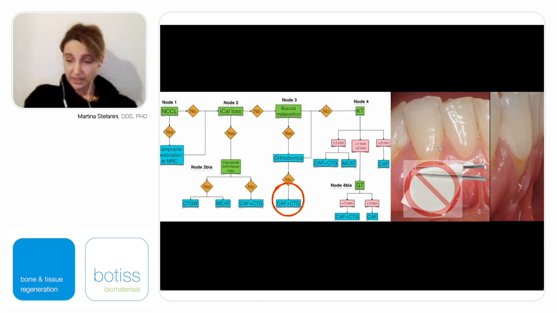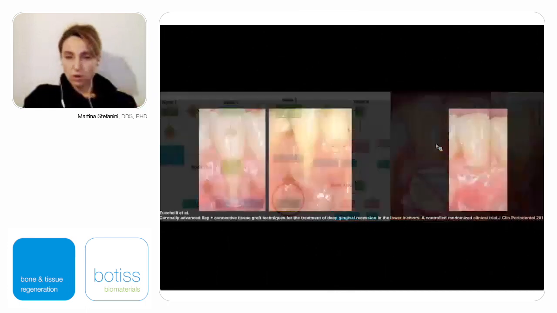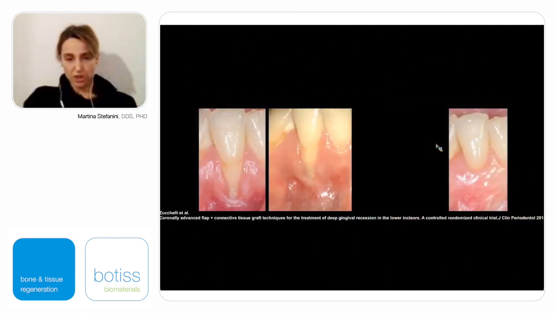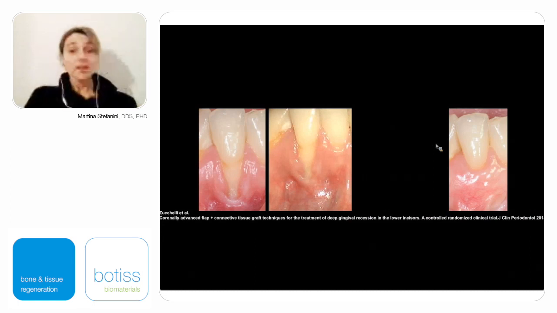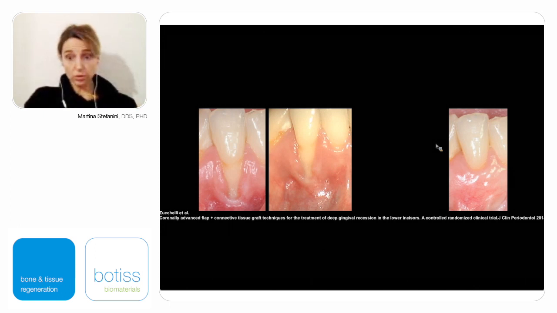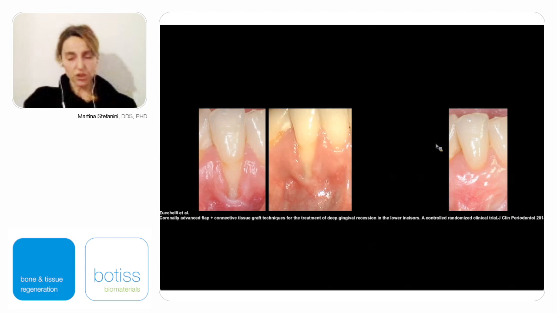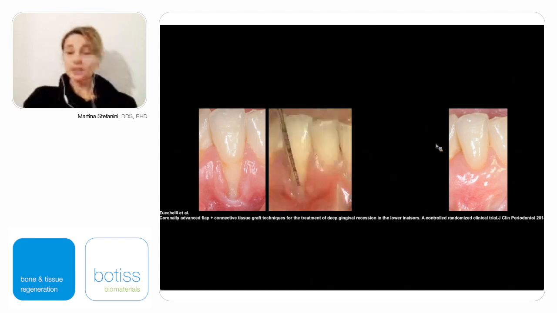In these cases, we cannot use the Mucoderm or the collagen matrix, because we need to ensure the stabilization of the coronally advanced flap in the right position. In the treatment of gingival recession in a lower incisor, the coronally advanced flap is a modified technique, modified in relation to the poor anatomic condition that we have to face in the lower incisor.